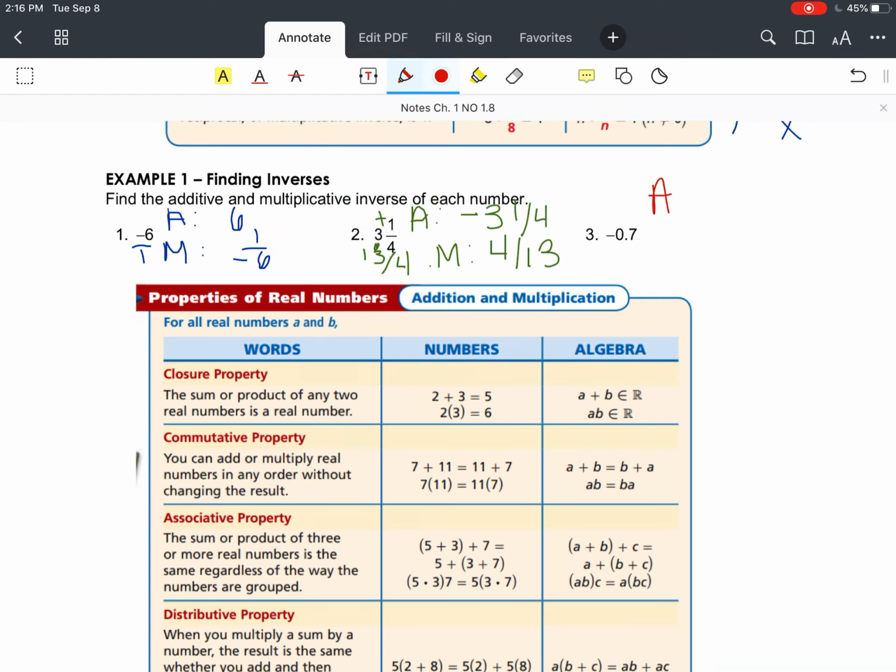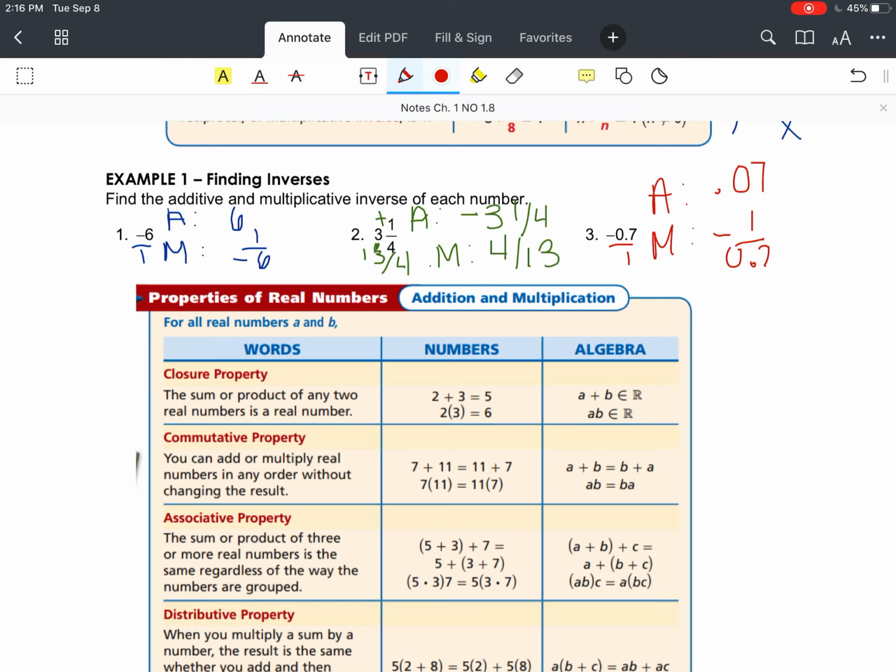All right, so number 3, the additive is just going to be the opposite. It's negative, so we're going to make it positive. So it's going to be positive 0.07. For the multiplicative, again, you should have tried this on your own. It's going to be negative, again, this is like over 1, negative 1 over 0.7. Oops, my bad, I put the decimal in the wrong spot.